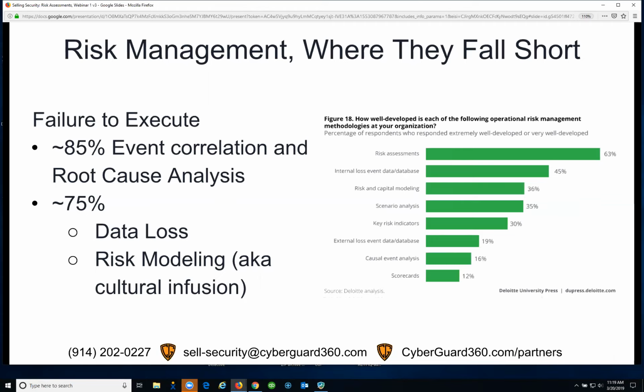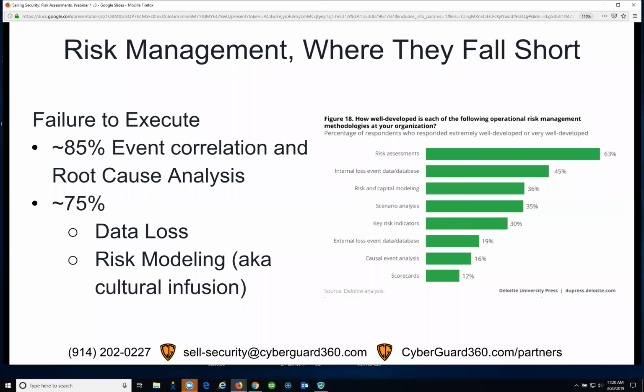What they also are telling us in this survey is that they are doing a poor job of closing the gaps those risk assessments have identified. Some 85% are saying that they fail to correlate data or find root cause analyses when they've had a breach or fallen down in risk.